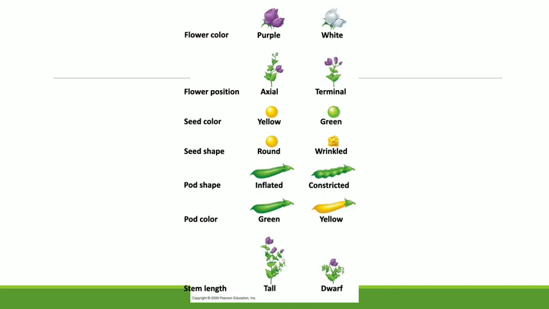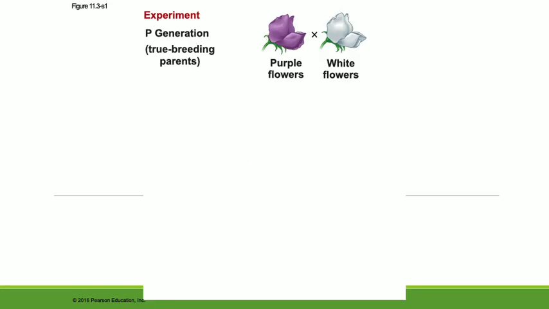Okay. So now that you know how he was all set up, let's look at the experiment that he did, his first set of experiments. He grabbed that true breeding purple flowered pea seeds and he planted them, and they all grew to be mature plants with purple flowers.